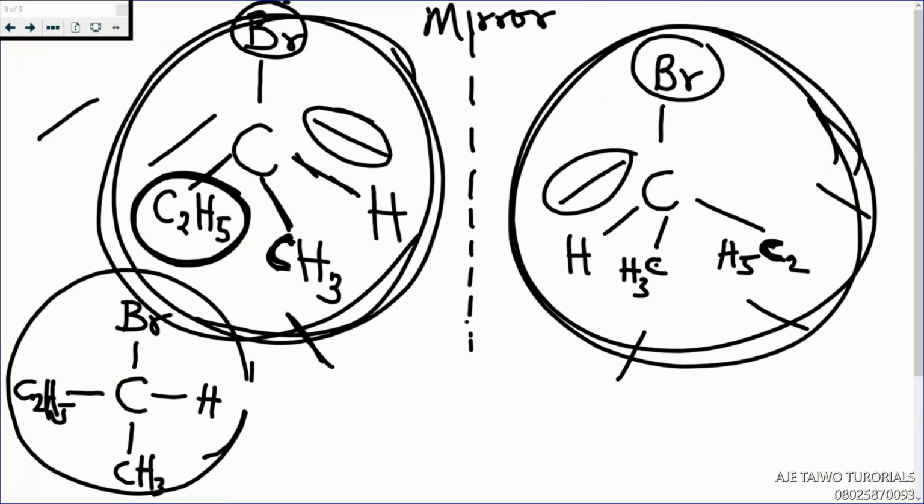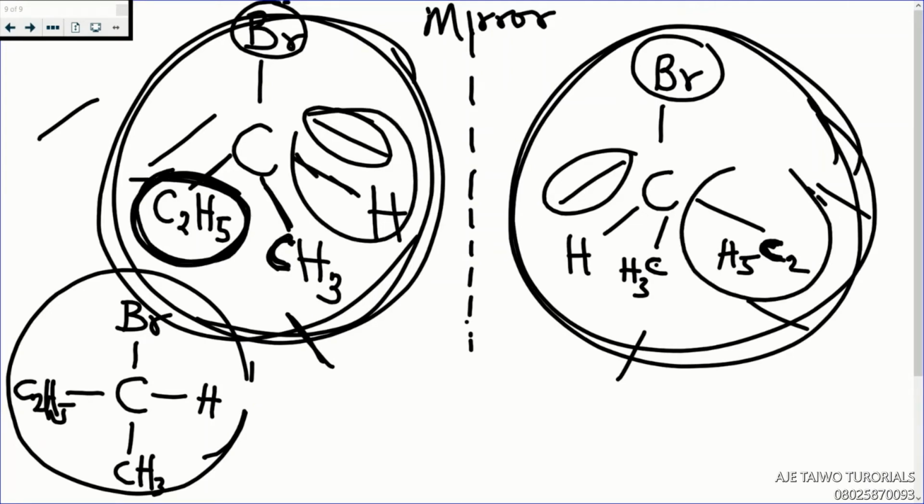This H will overlap with H, but C2H5 will not overlap on H5C2, and CH3 will not overlap on H3C. You will not have a superimposition of the two molecules.